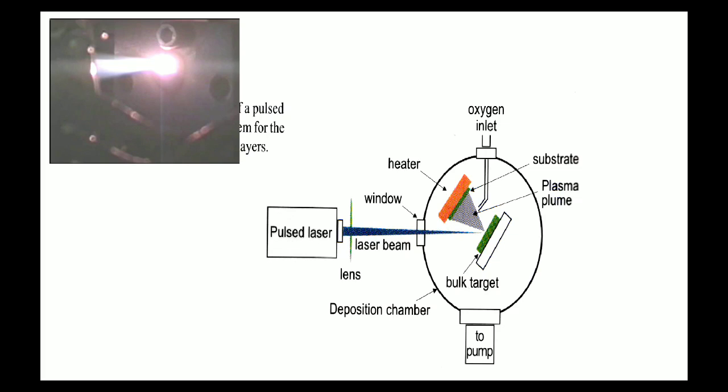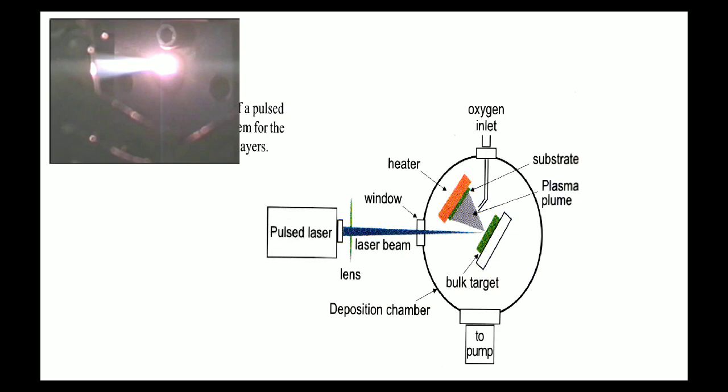As you can see, the light which is coming out is basically from the target, and a plasma plume is generated because a large number of laser pulses continuously get incident and bombarded on the target.